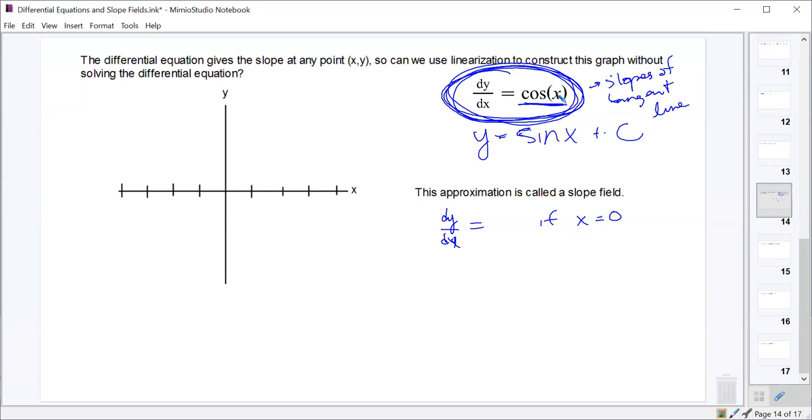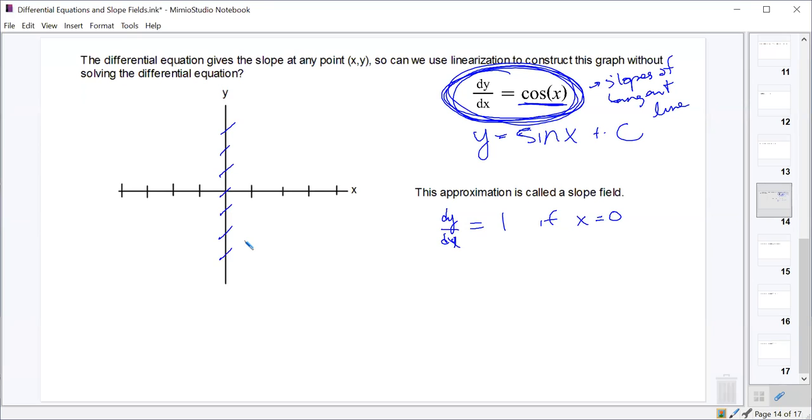Put in your 0. 1. Right, should be 1. dy dx equals 1 if x equals 0. What does a line with a slope of 1 look like? Because remember, dy dx is just the slope. It should be like that, right? That's a slope of 1. So anywhere where x is 0, basically all up and down the y-axis, I'm just going to draw a bunch of little lines that have a slope of 1.